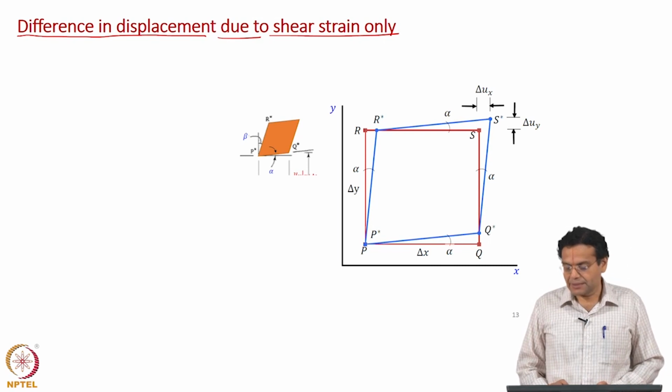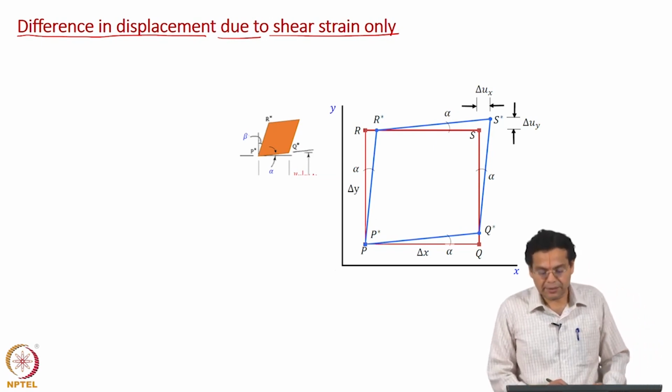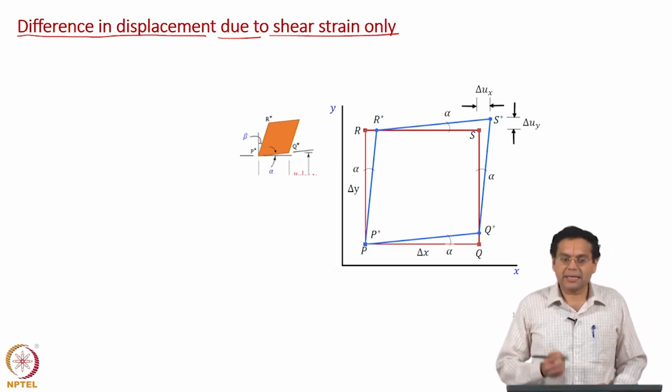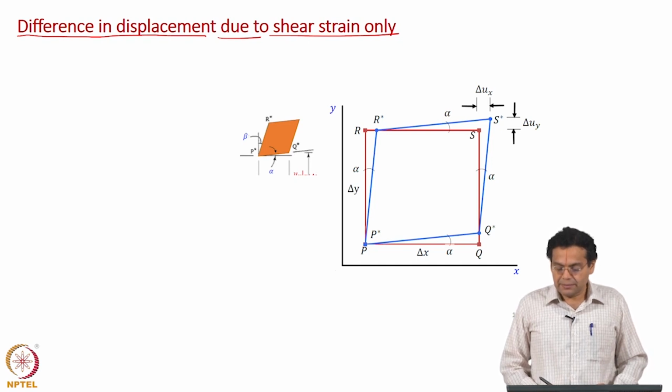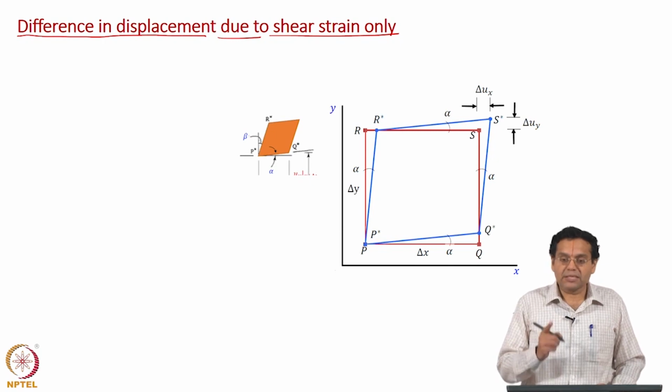Now, the same plate is considered. The initial state is given by PQRS, the red boundary, and P star, Q star, R star, S star is the final state, the deformed boundary, and the way in which you have considered it is you want to include only shear strain.